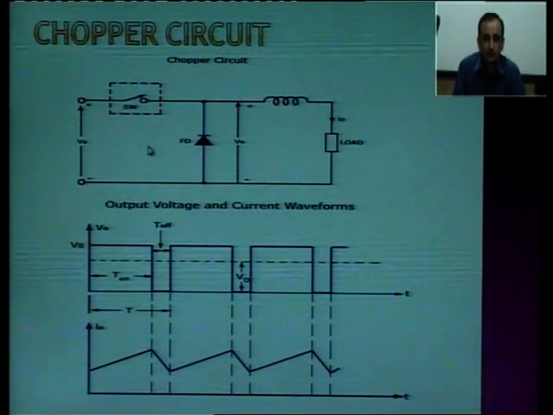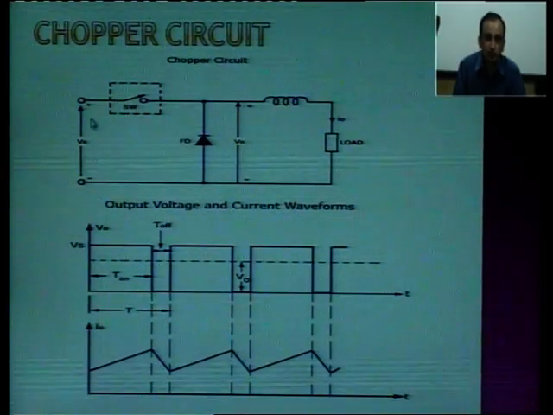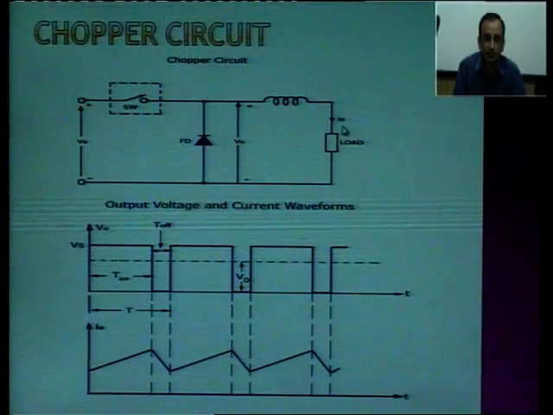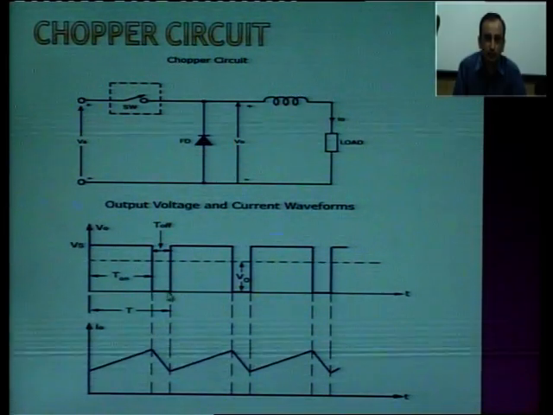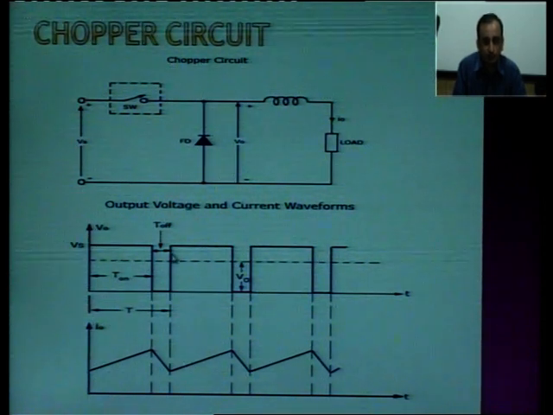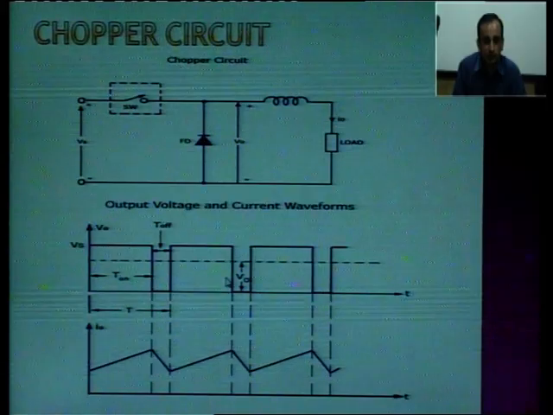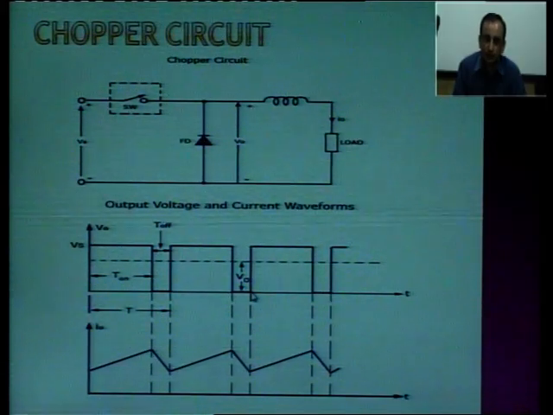When this switch is opened, the supply gets disconnected from here, so no voltage appears across your load. We can see that during turn off time there is no voltage here. Again we can turn it on, and then this voltage will appear, then we can turn it off, and we will not get any voltage across the load.